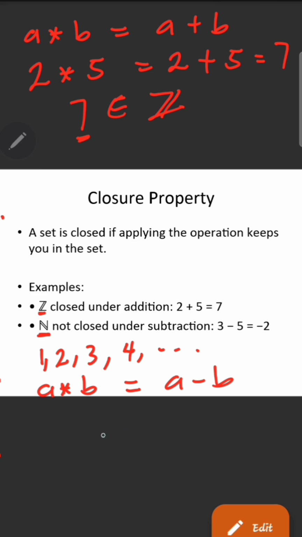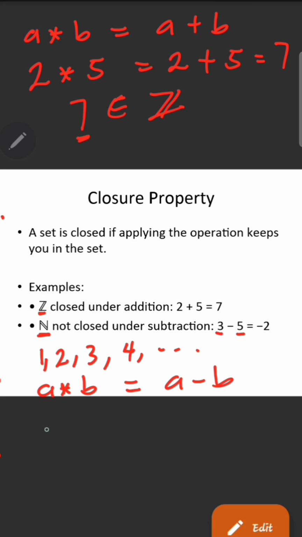So for this one to be closed, it means any numbers that we pick from the natural numbers and perform this operation on, the answer we get must also be a natural number. So now let's pick 2 numbers from natural numbers. 3 is a natural number. 5 too is a natural number. Forget about what is in between them.